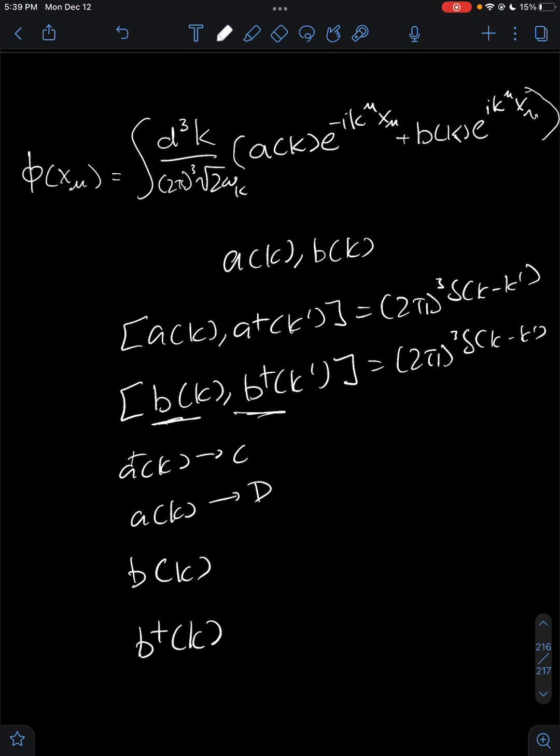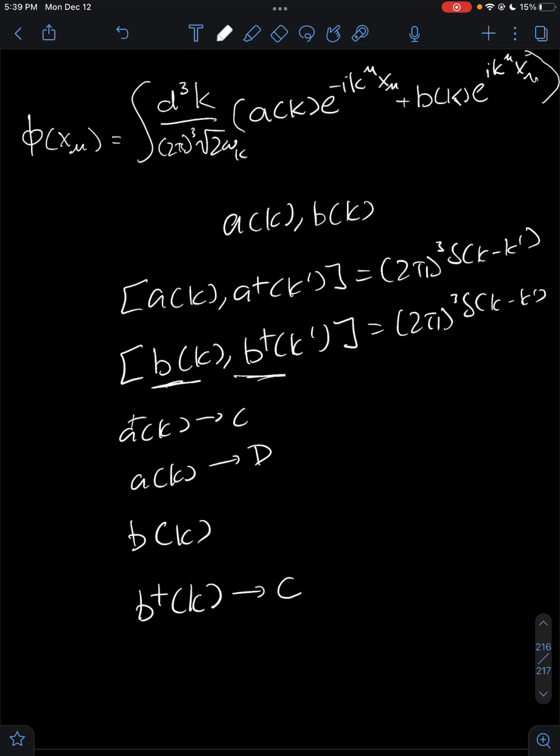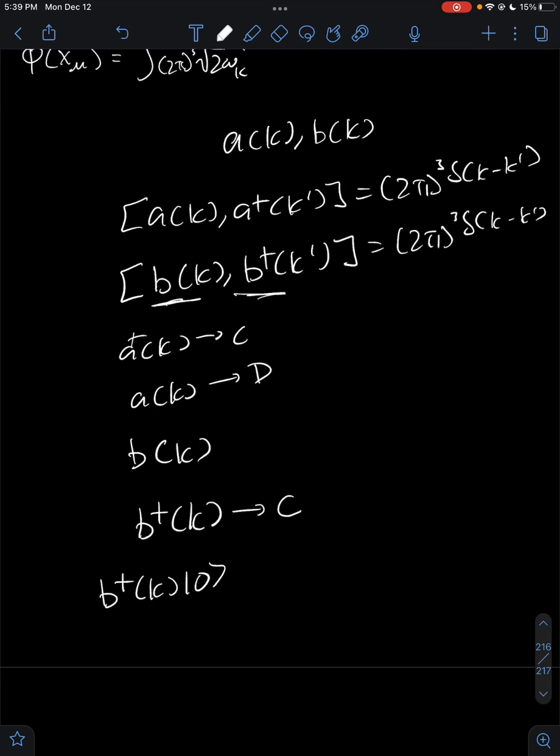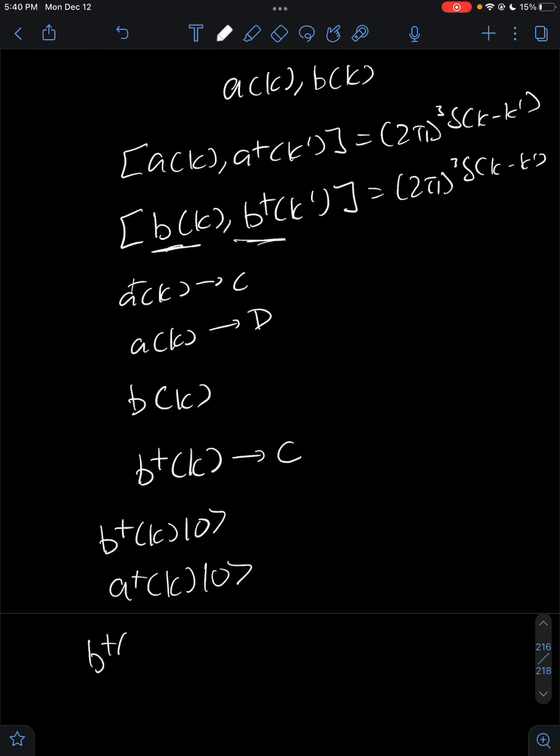What happens? Well, b†(k), again, is going to create particles, but when b†(k) acts on the vacuum state, it won't create the same type of particle as a†(k), and we'll see that as we go on in this video. So basically, b†(k) and a†(k) will end up creating different particles.